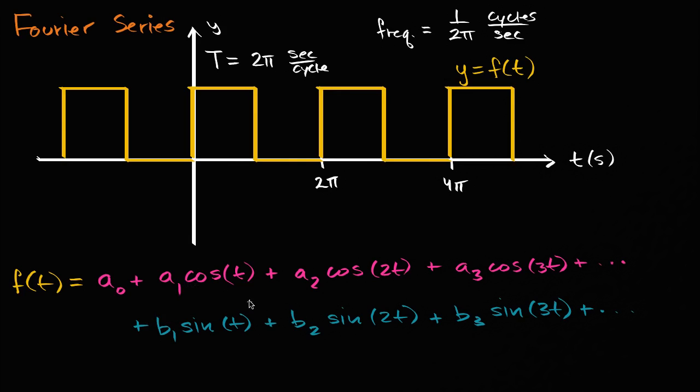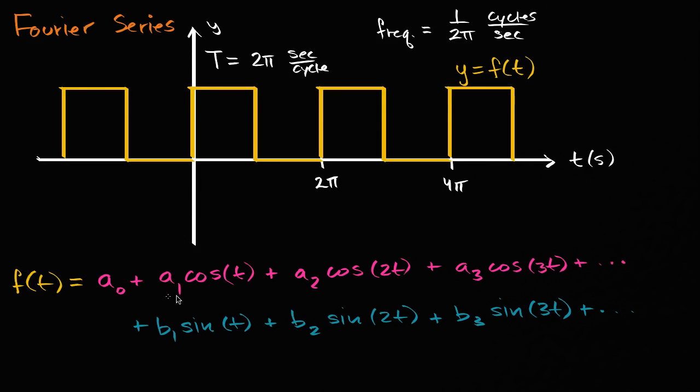Another really interesting thing about this, and this is really the foundation of signal processing, heavily used in electrical engineering, is you can view these coefficients as weights on these cosines and sines, but another way to think about it is they tell you how much of different frequencies this function contains.